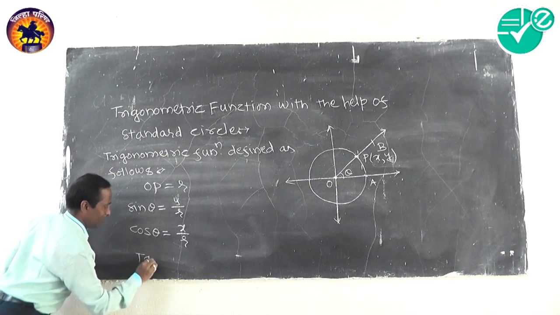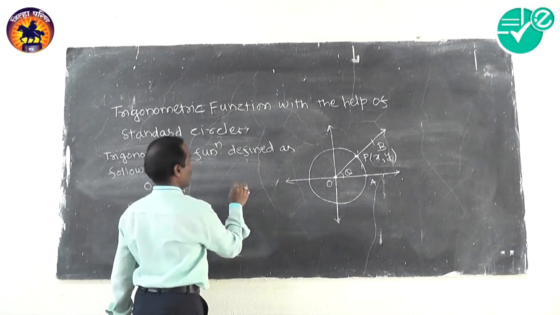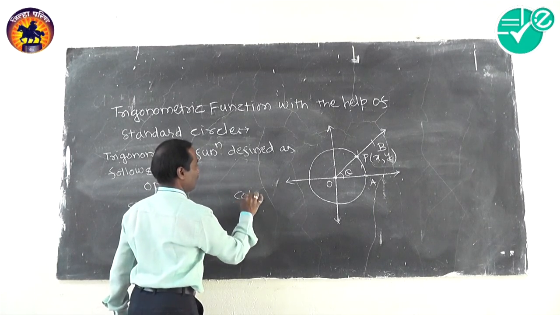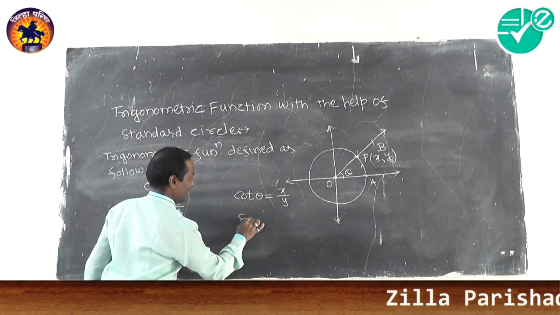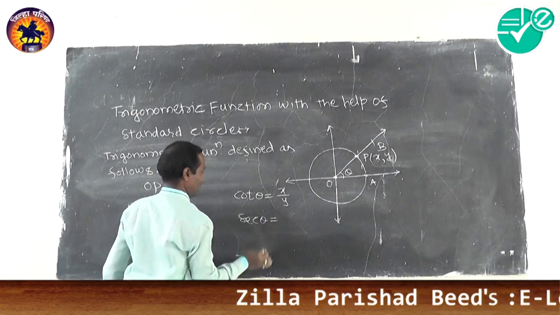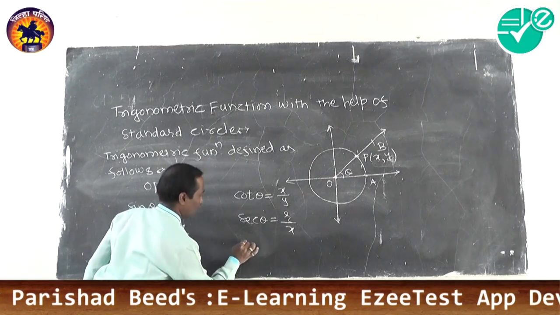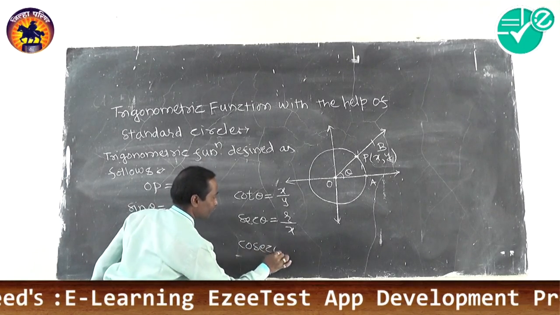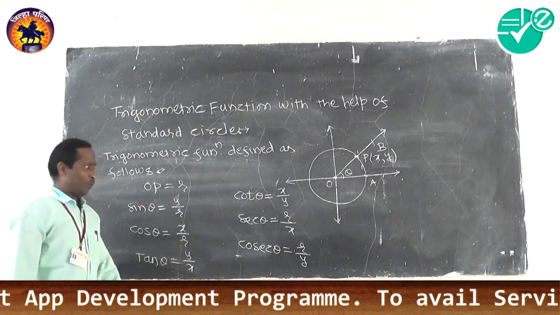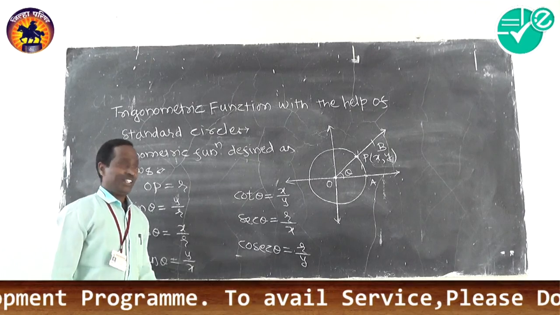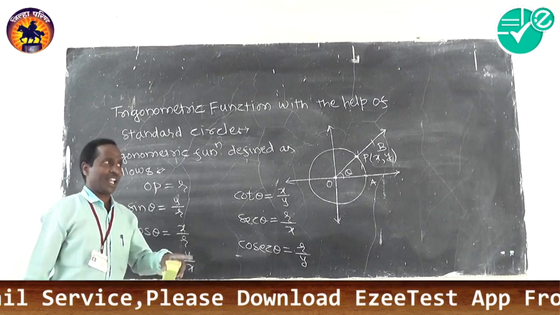Tan theta is equal to y upon x. Cot theta is equal to x by y. Sec theta is equal to r upon x. And cosec theta is equal to r upon y.